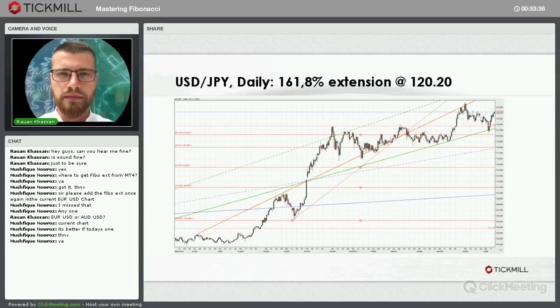I won't delete and create it again. I really hope that by the current moment you have already understood how these Fibonacci extensions are drawn. We start with the bottom of 27th of July at 123 precisely, and we finish just 30 pips above, 123.30, during the Asian session of July 28th.